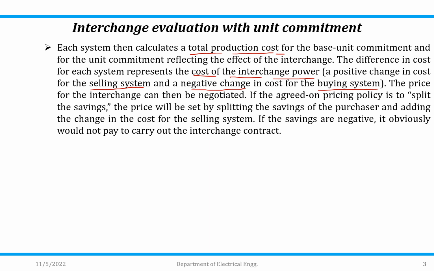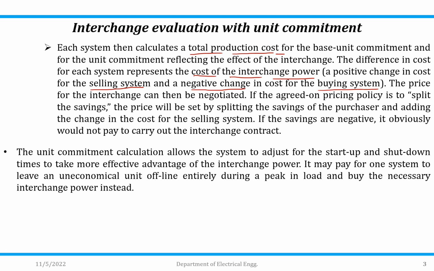The price for the interchange can then be negotiated. If the agreed pricing policy is to split the savings, the price will be set by splitting the savings of the purchaser and adding the change in the cost for the selling system. If the savings are negative, obviously it would not pay to carry out the interchange contract.